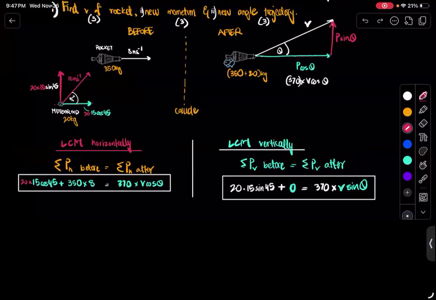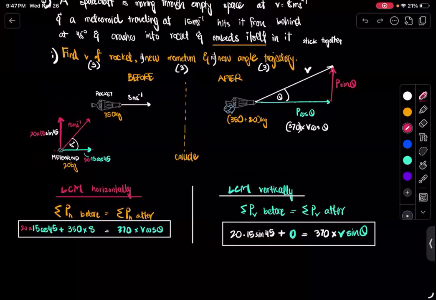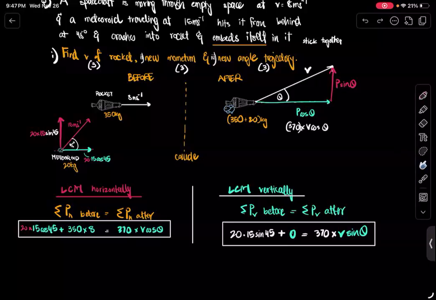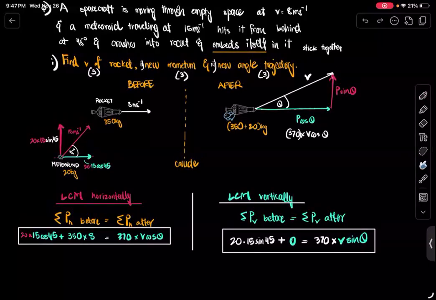Any ideas? What do you think? It is a difficult question. But if you understand this, any angled momentum question you will be able to solve pretty easily. This is slightly one of the difficult ones. What to do?